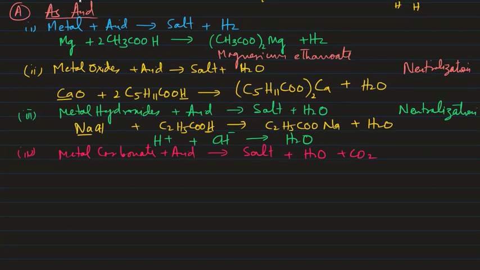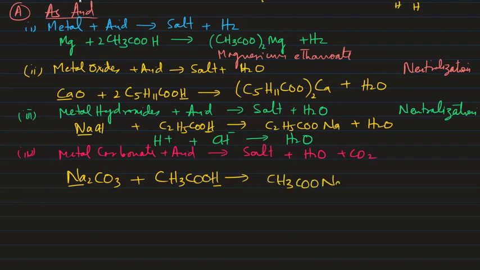Let's say we have a metal carbonate like sodium carbonate, Na2CO3, reacted with an acid like CH3COOH, and it will form a salt. And what is the salt? Sodium will replace this hydrogen and we will get CH3COONa plus H2O plus CO2. Now let's balance this equation. There are 2 sodiums here, so we need to write 2 here and then 2 here will balance it.